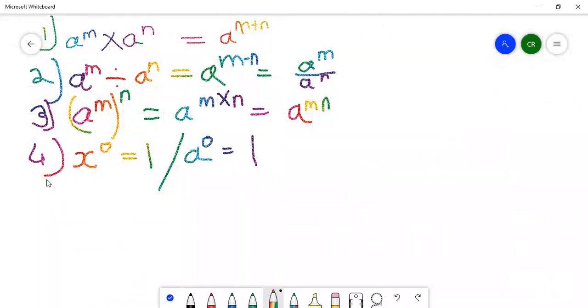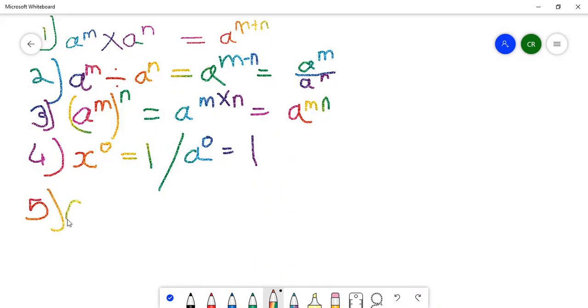Okay, moving ahead with the fifth law. We are just doing the recap of the laws. What was the fifth law? The fifth law was that if the bases are different and exponents are the same, we will multiply the bases and keep the exponent the same.